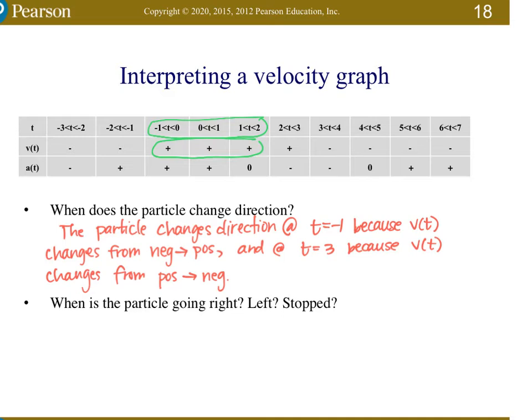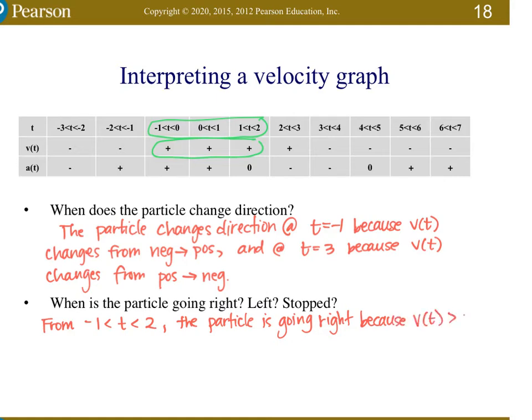So we say from -1 all the way to 2, so we combine all those intervals together, the particle is going right because of those plus signs, because the velocity is greater than 0.